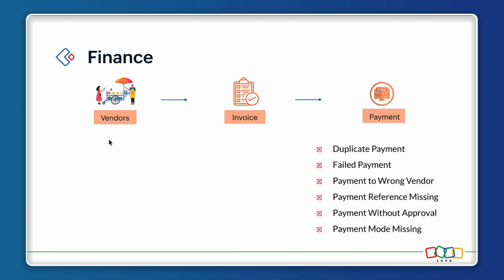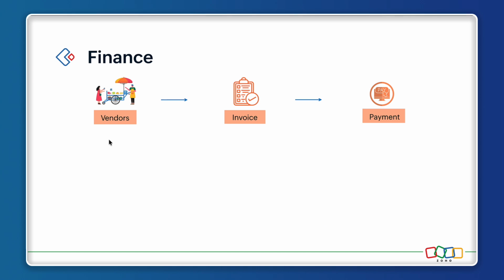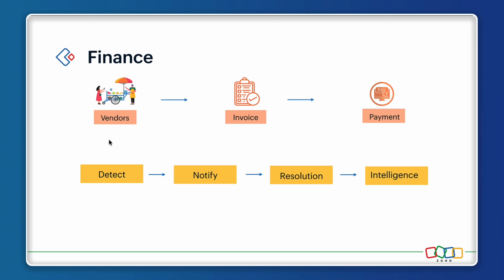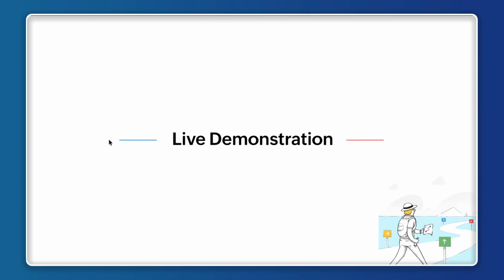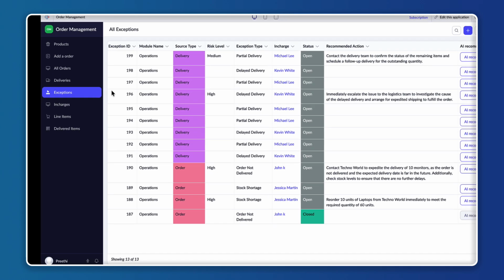So these are the different places where exceptions can happen within this finance module, that is, the invoice management application. So let's fit in the same model, detect, notify, resolution and intelligence, and resolve the exceptions happening within this invoice management application. We'll go directly into the live demonstration and see how it is managed.